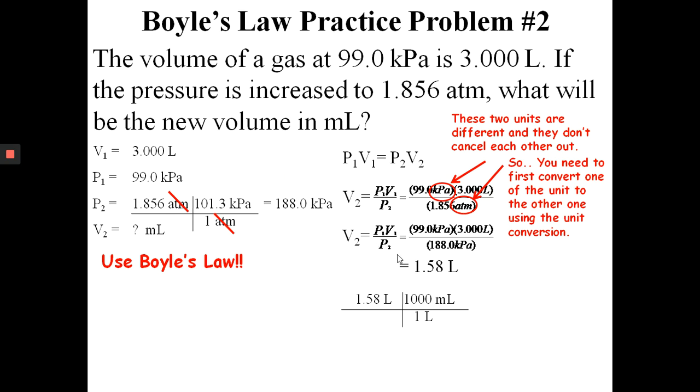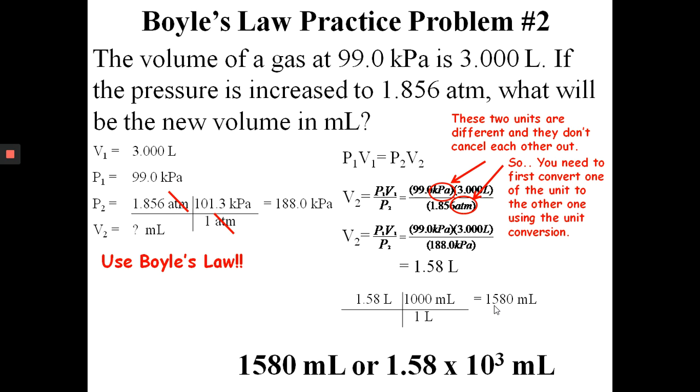I'm going to use the dimensional analysis, and 1 liter is equal to 1000 milliliters. So once you cancel the liters out, your final answer should be 1580 milliliters. Or if you want to express this number in scientific notation, 1.58 times 10 to the third milliliters.